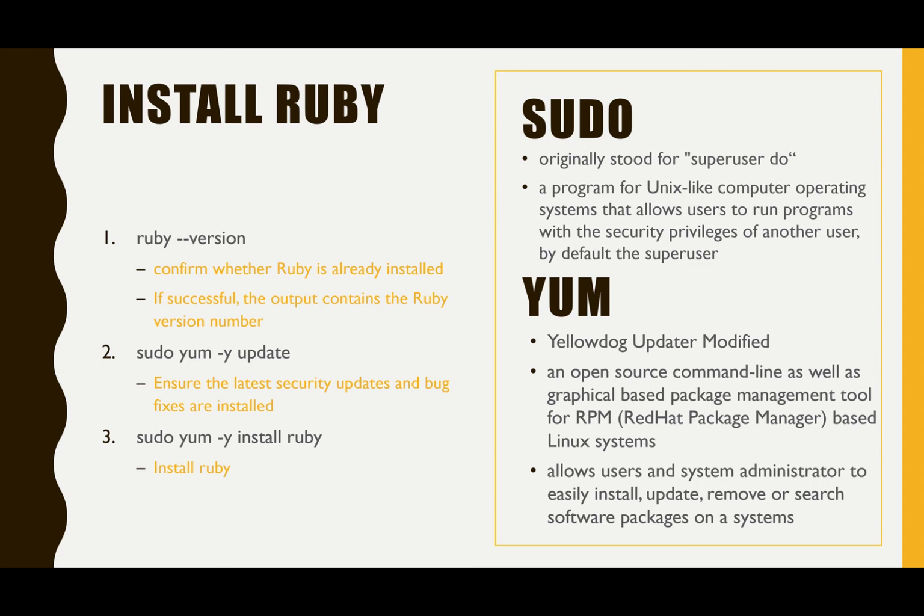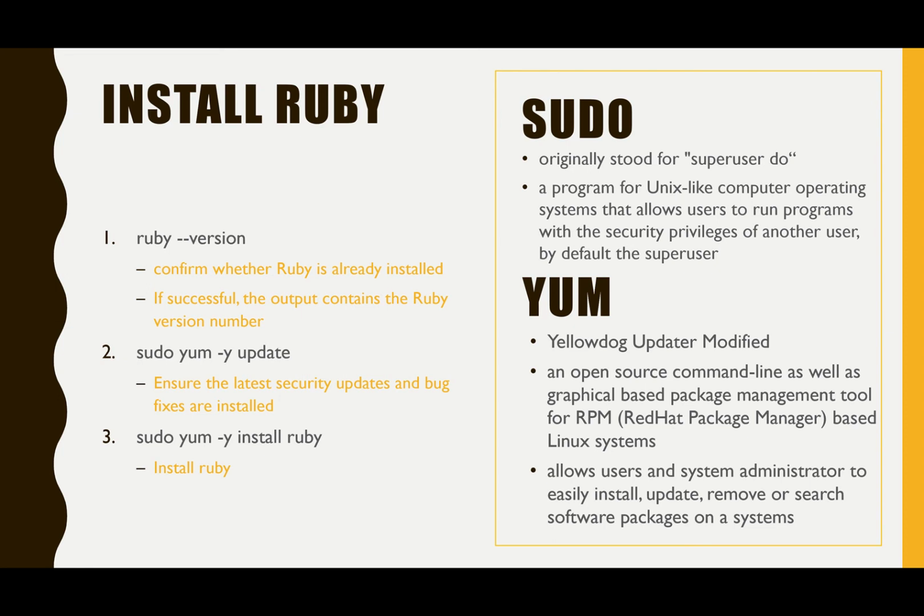Yum, which is the follow-up to sudo, stands for yellow dog updater modified. It's an open source command line as well as graphical package management tool, all based on the Linux system, which is the OS that we're using for the Cloud IDE. It allows users and the system administrator to easily install, update, remove, and search for software packages.